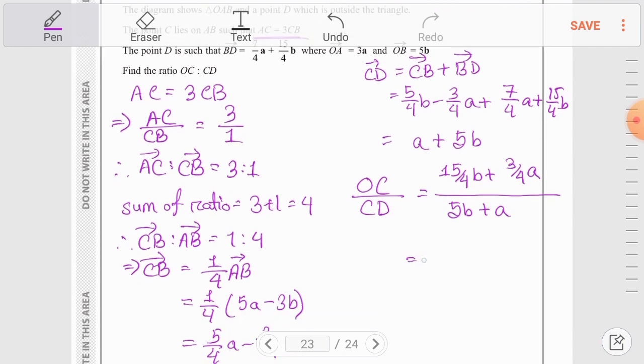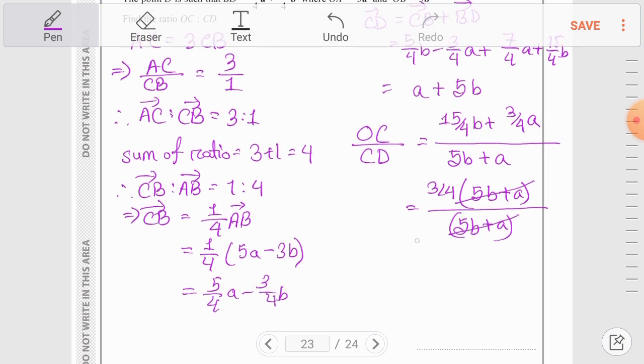We can take 3/4 common in the numerator, and the value inside the bracket is 5b plus a, divided by 5b plus a, and we can simply cancel out the 5b plus a.